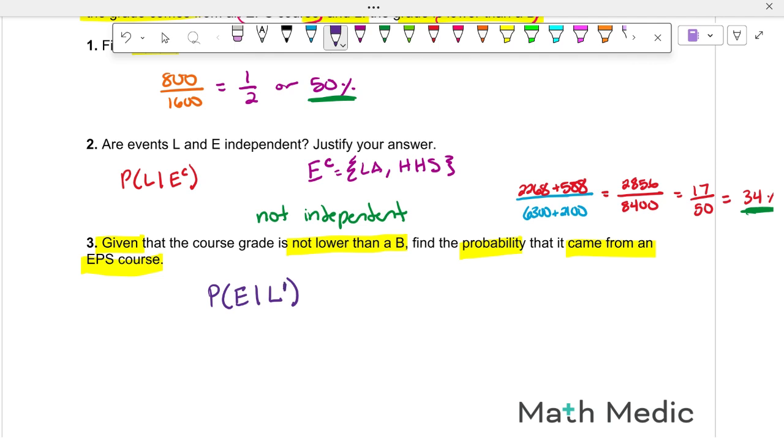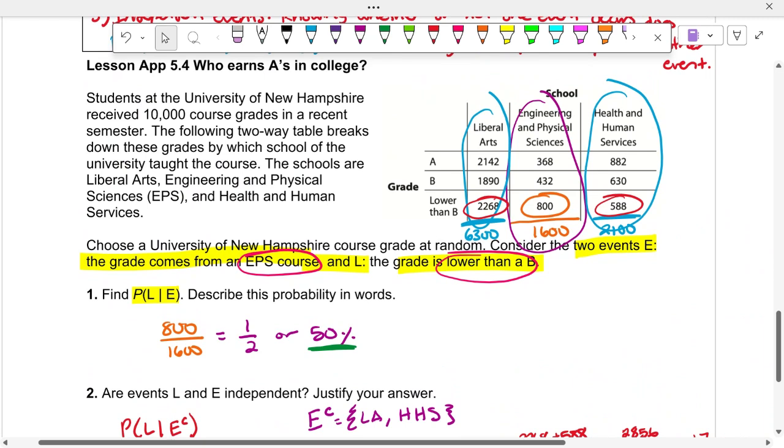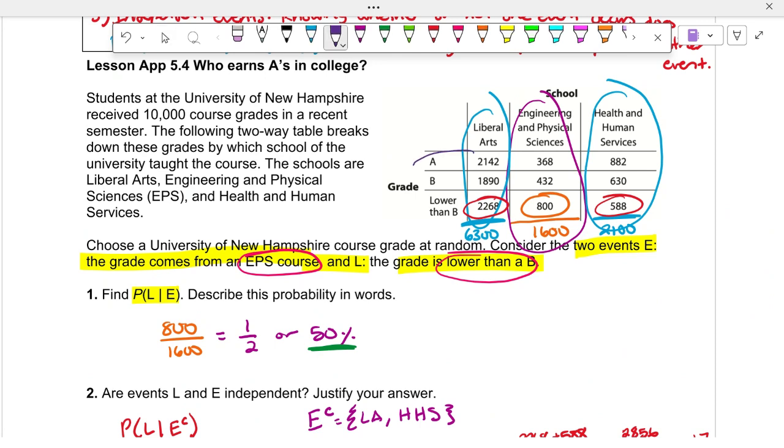All right. So first off, similar to the last one, we're looking at they're not given a lower than a B. So which two columns am I explicitly looking at? The A and B columns. So what are my totals for both of these?